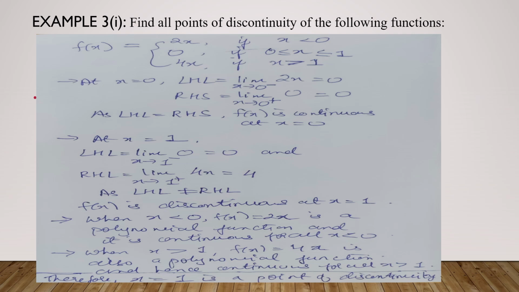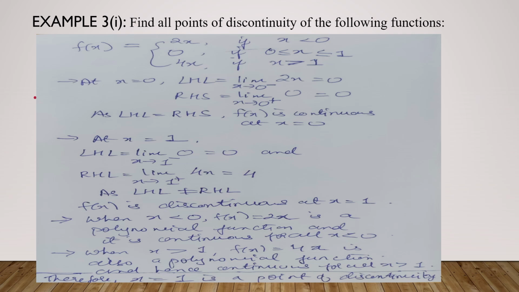Right hand limit will be limit x tends to 1 plus, from the positive side, from the right hand side, when x tends to 1, the function is defined as 4x, correct? And when you put x = 1, you get 4 into 1, which is 4. So now in this case, left hand limit and right hand limit are not equal, so the function is discontinuous at x = 1, correct? At x = 0, we found it is continuous. At x = 1, it is discontinuous.